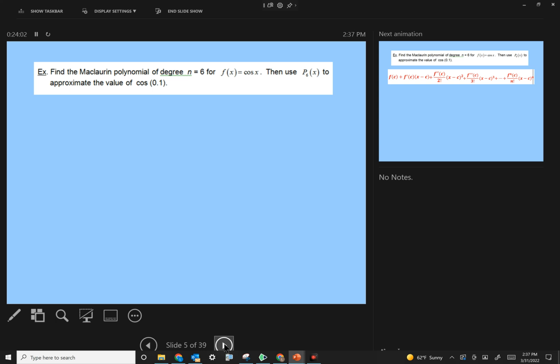So it's going to be 1 minus 0.1 squared over 2 plus 0.1 to the fourth over 24 minus 0.1 to the sixth over 720. And we know that because we talked about it last time. Remember we said 4 factorial was 24 and 5 factorial was 120 and 6 factorial was 720. By the way, we'll use these a lot. You'll start to remember up to like 6.